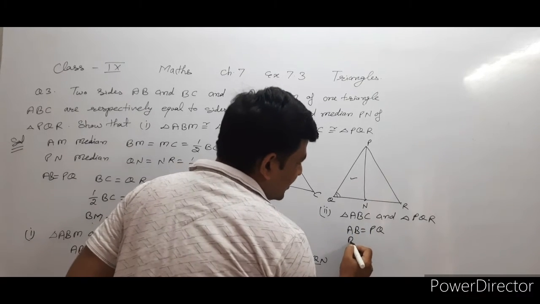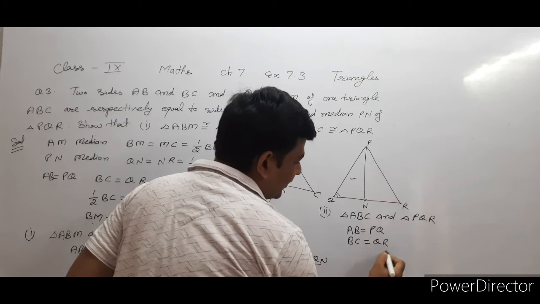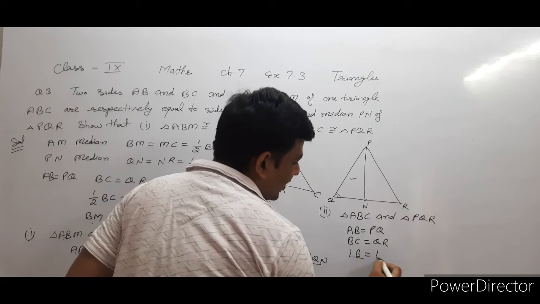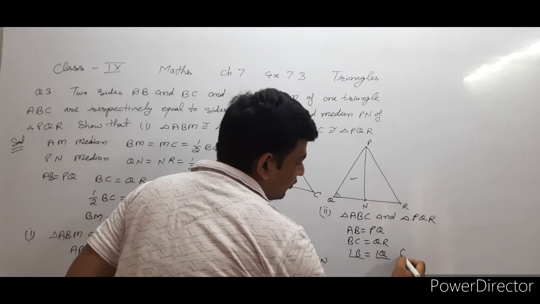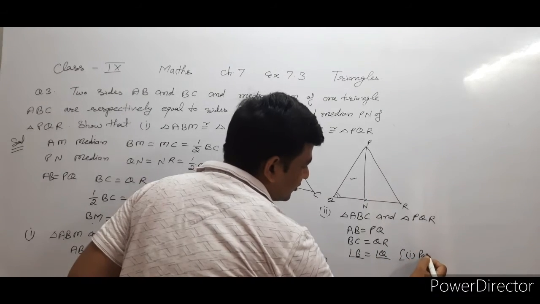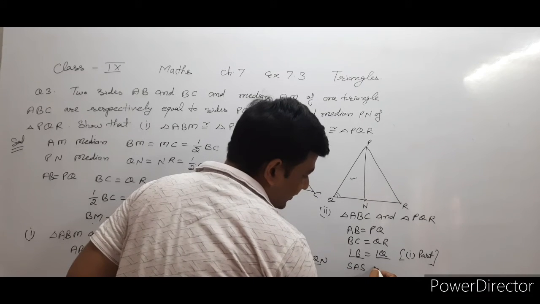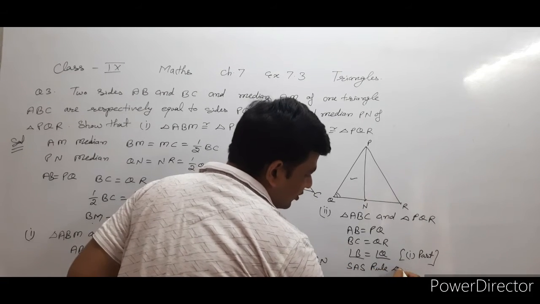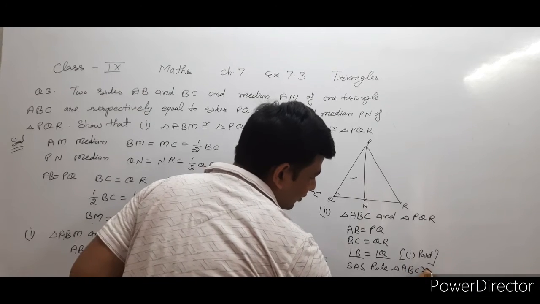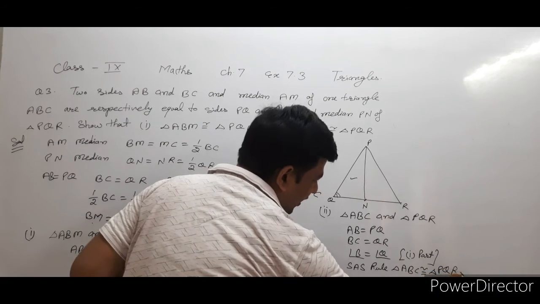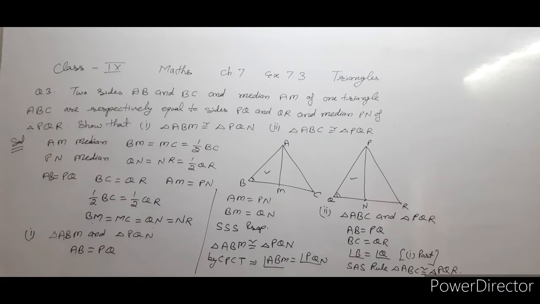BC is equal to QR, given. Angle B is equal to angle Q, we proved in the first part. So by SAS rule, triangle ABC is congruent to triangle PQR, which is the second part of question number 3. So by this method we have to prove these two parts of question number 3.